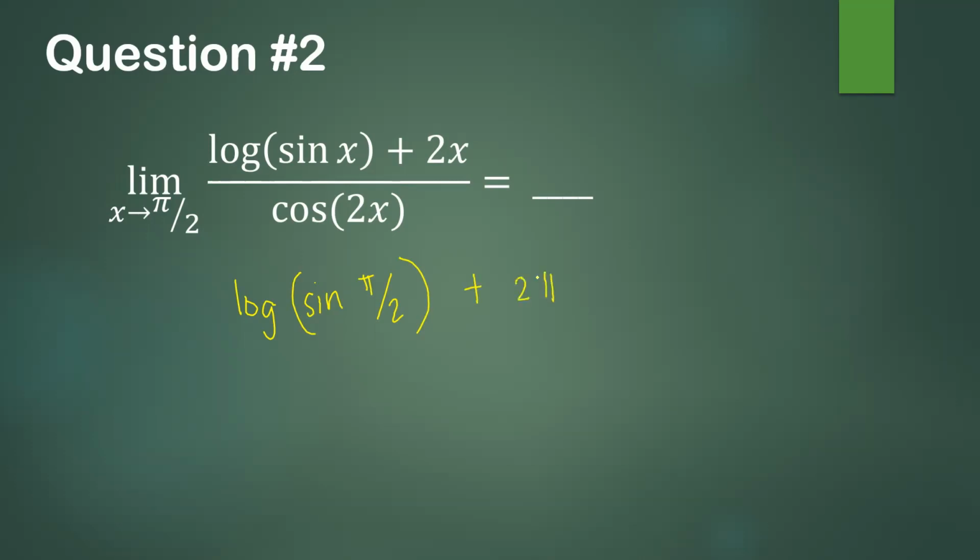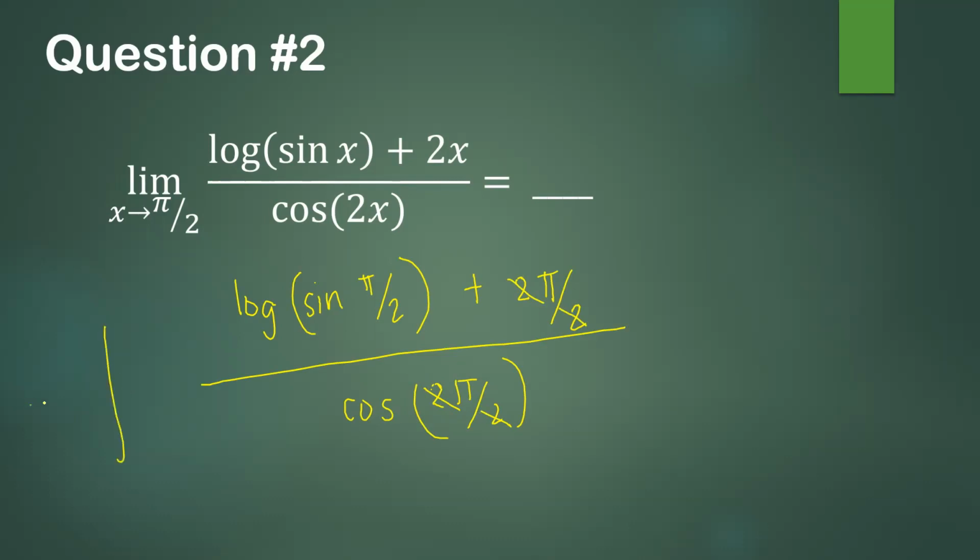So we have 2 pi over 2, and at the bottom, cosine of 2 pi over 2. So these 2's will cancel. So cosine of pi is negative 1, our denominator.